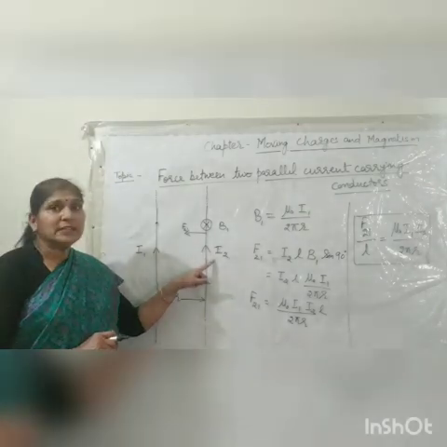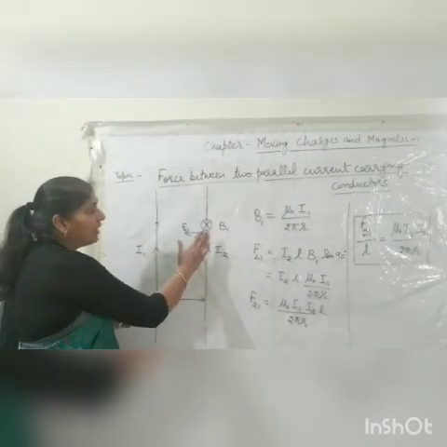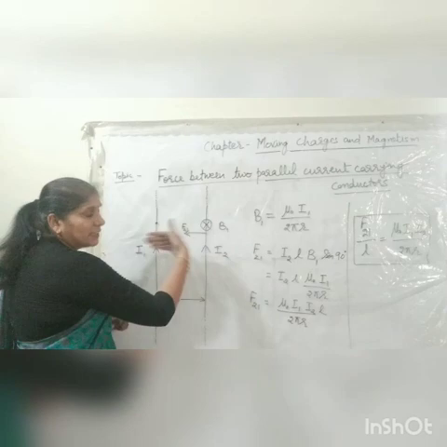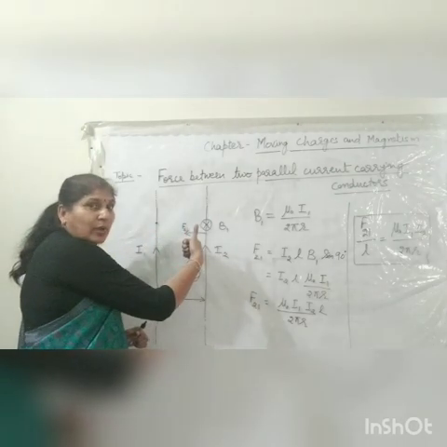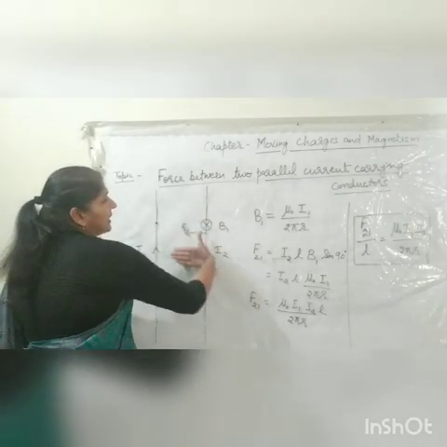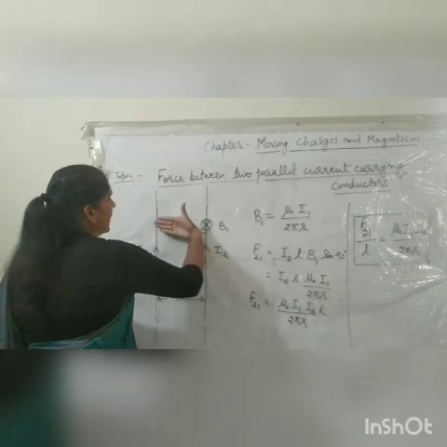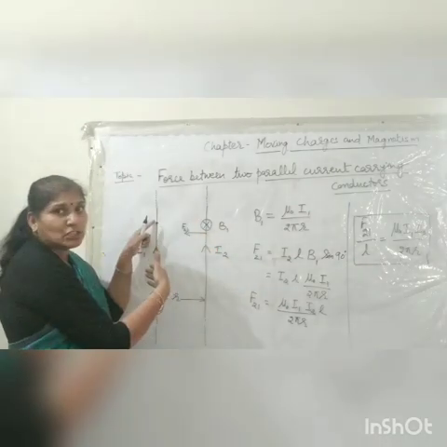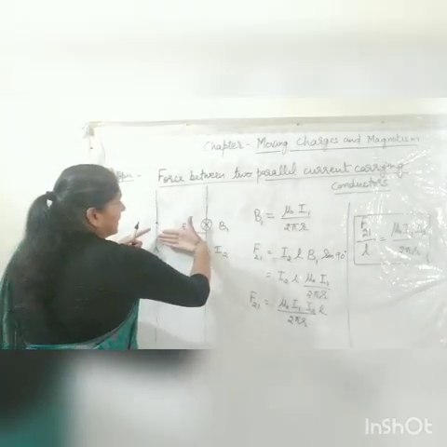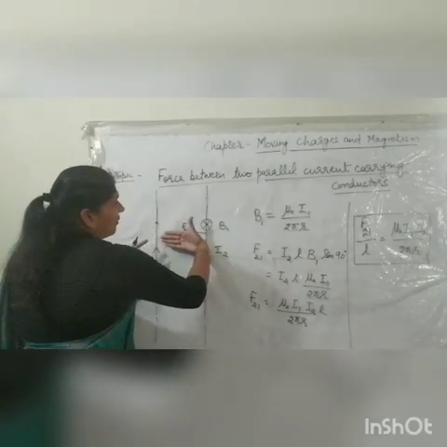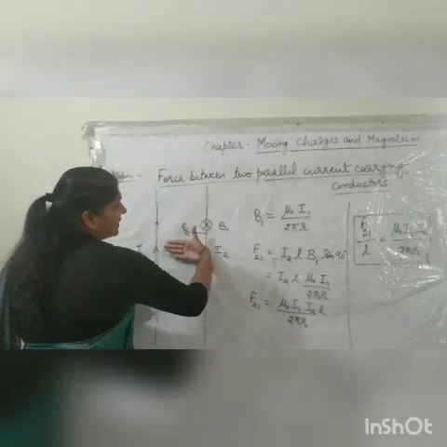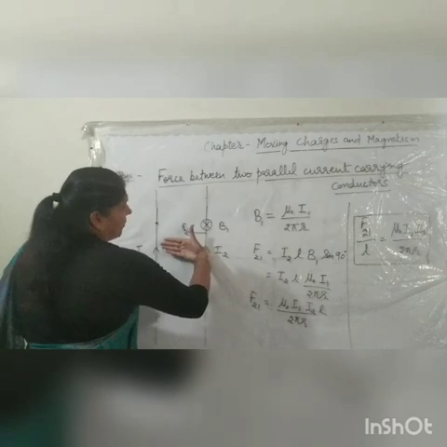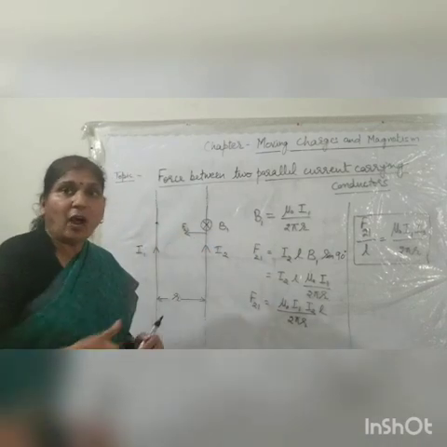Due to this current, a magnetic field will be developed around conductor 2. According to the right hand thumb rule, current in the second conductor is in the upward direction, and this point in the position of the first conductor is in this direction. So we take our fingers towards the first conductor from the second, and our fingers fold in the outward direction.